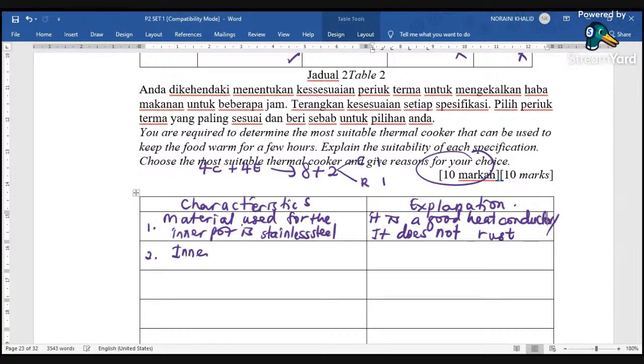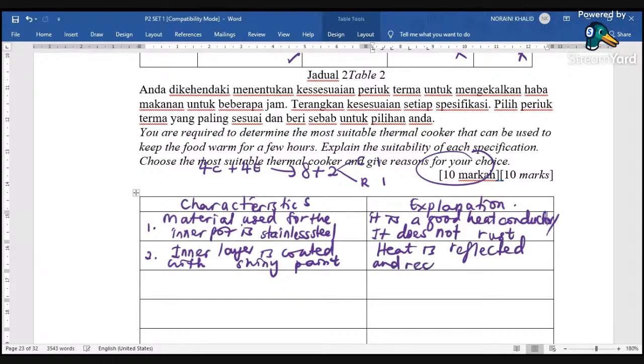The inner layer is coated with shiny paint. So heat is reflected and received by food or absorbed by food. Okay.